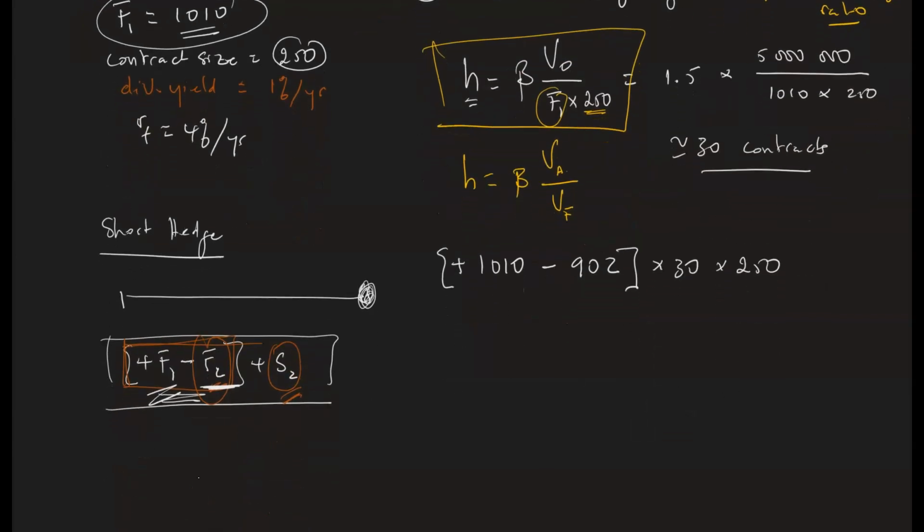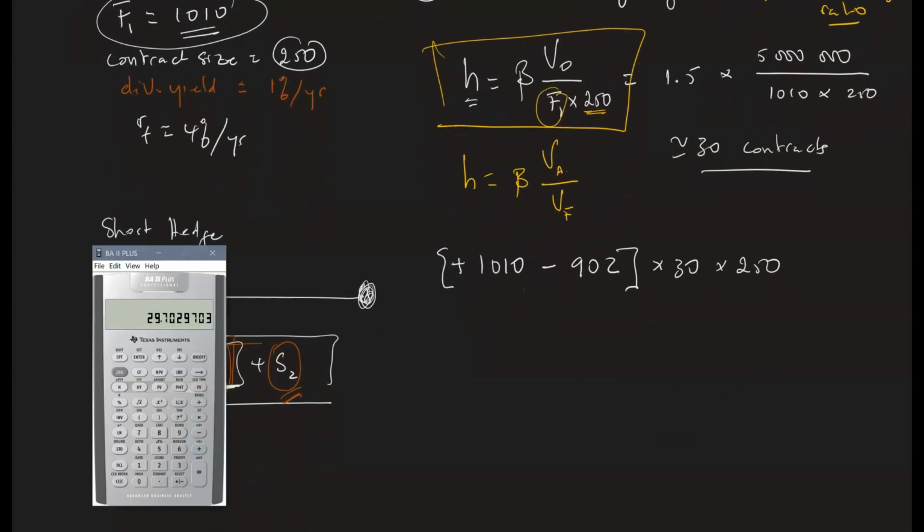So ultimately, our position is going to be as follows. We're going to have 1,010 minus 902, that gives us 108. Multiply that by 30 contracts, multiply that by 250.